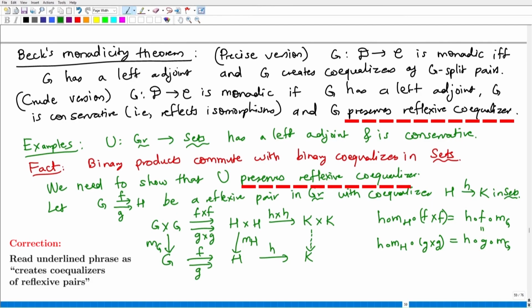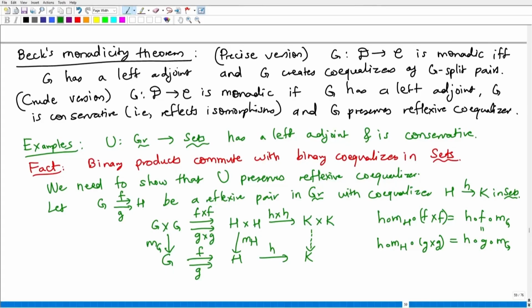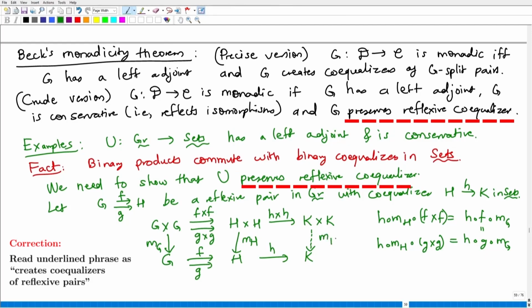So therefore, h composed with M_H weakly coequalizes F cross F and G cross G. So there should be a unique factorization through the coequalizer diagram, which is what we will call M_K.